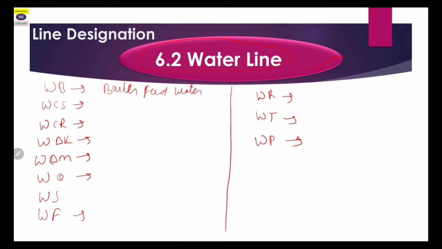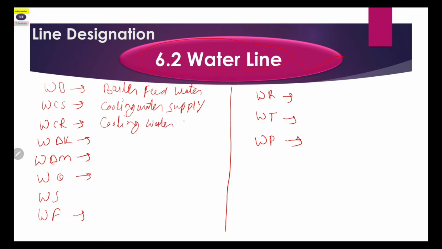WCS is cooling water supply. So for some compressor, some pump, the cooling water is used to cool down the pump or compressor's line. Now WCR is cooling water return, because the cooling water line is totally a closed loop.